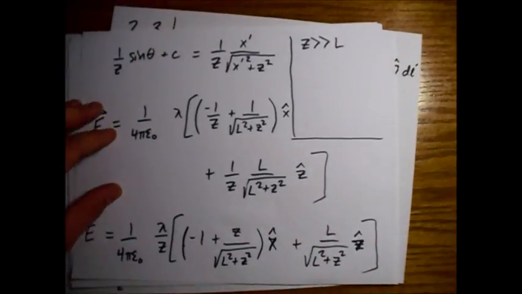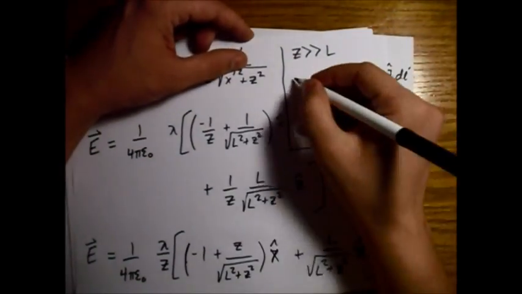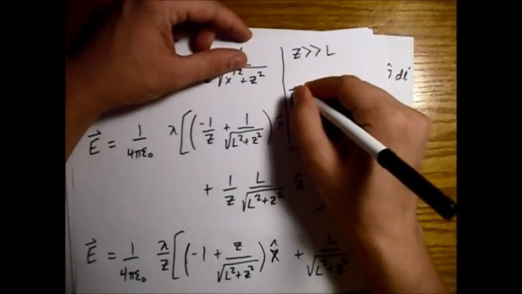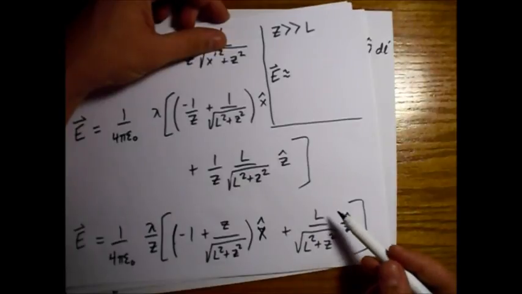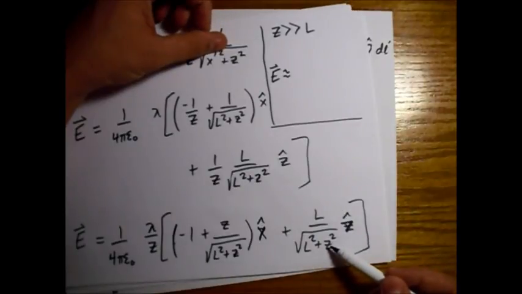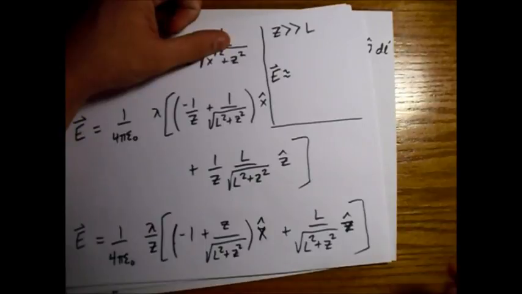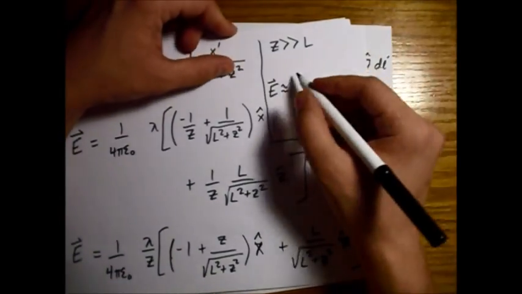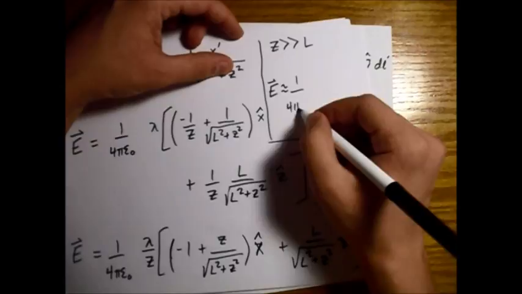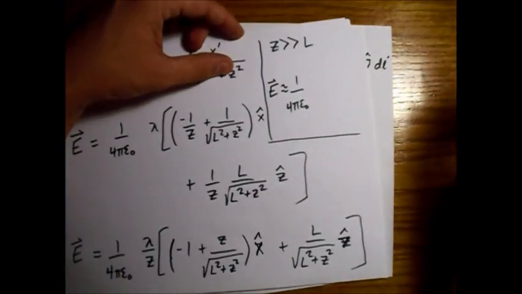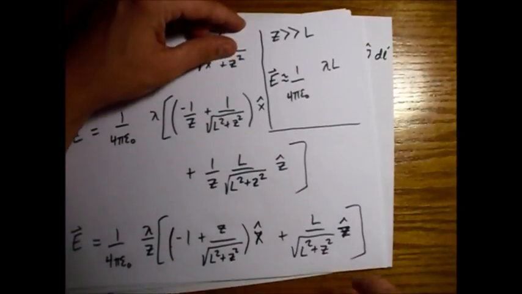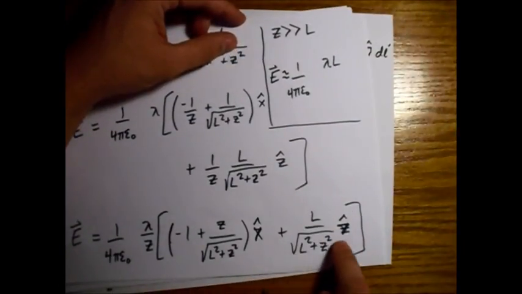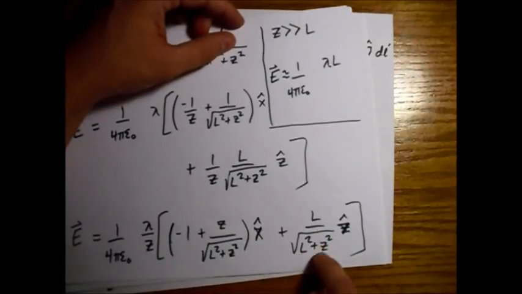So on this end of things, let's write this out a little bit. We're going to end up with just an L over z. So we have a 1 over 4 pi epsilon naught. We've got our lambda L from this piece right here. And then down here, the z is going to dominate this denominator.